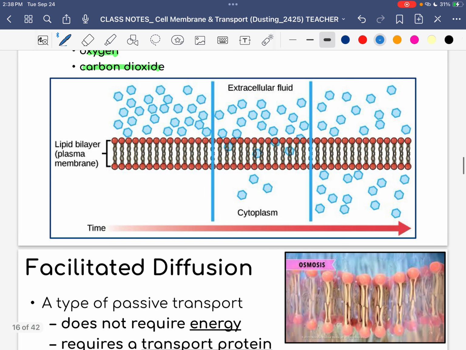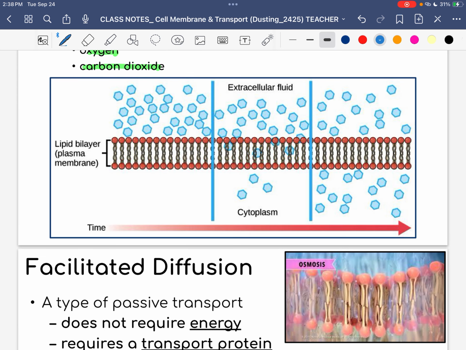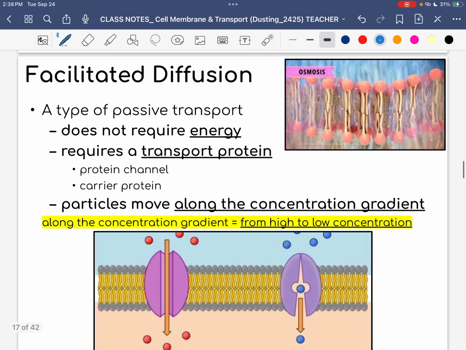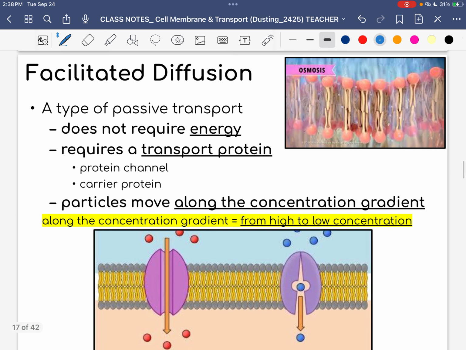Okay, and they go directly across the cell membrane. They don't need a protein. They're just moving directly across, and there's no energy being used.